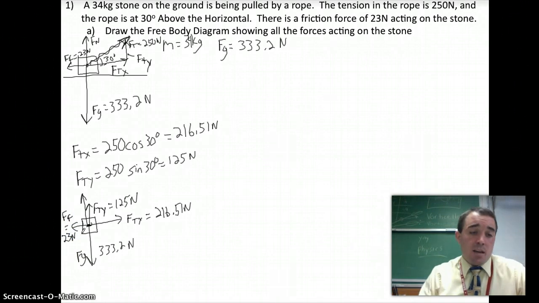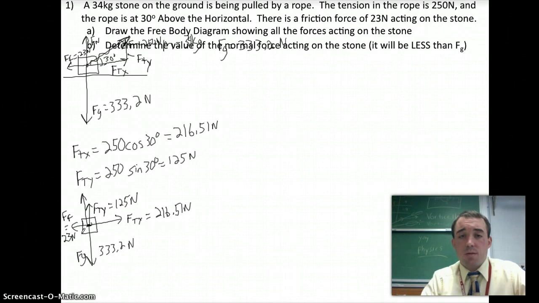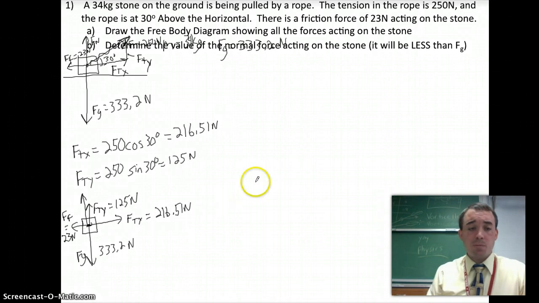So I've got to find the normal force, and that's always actually going to be part B. It says determine the value of the normal force acting on the stone, and I find the normal force because the total up force equals total down force.